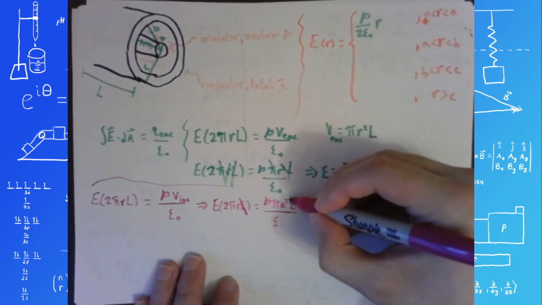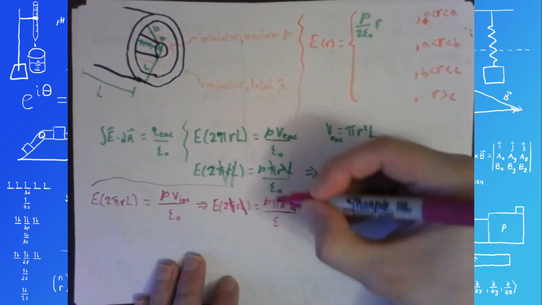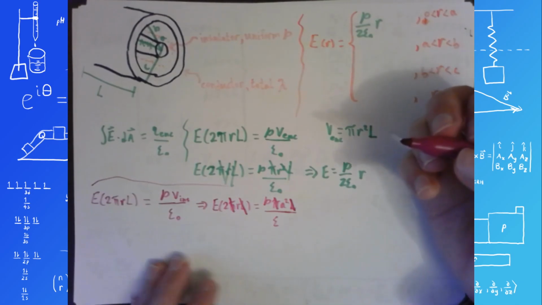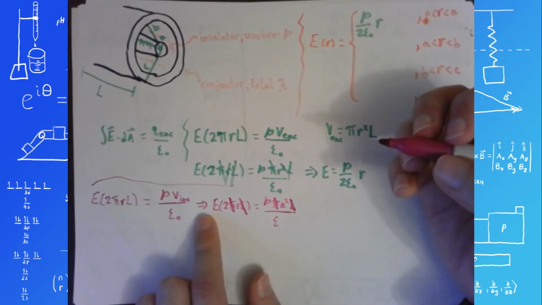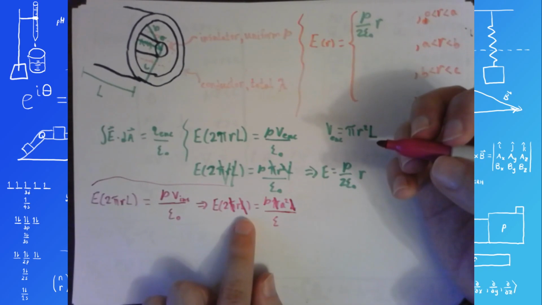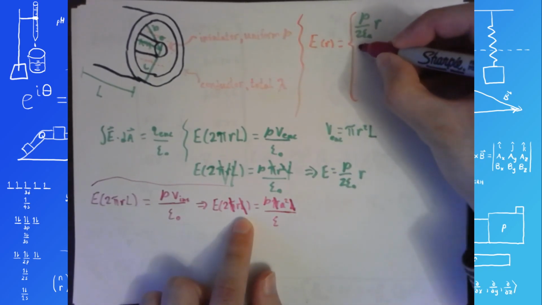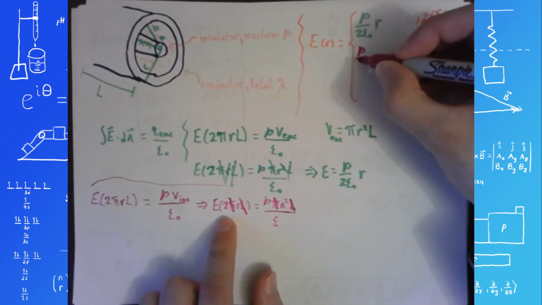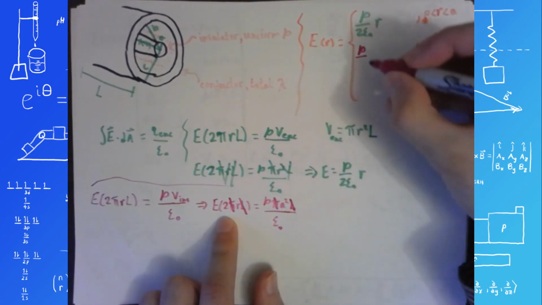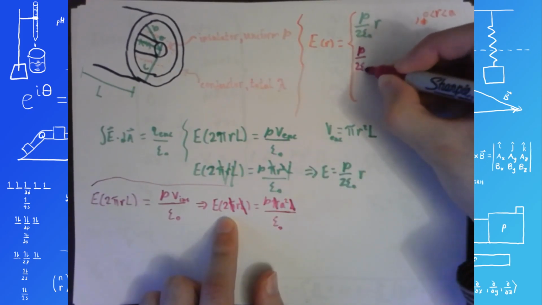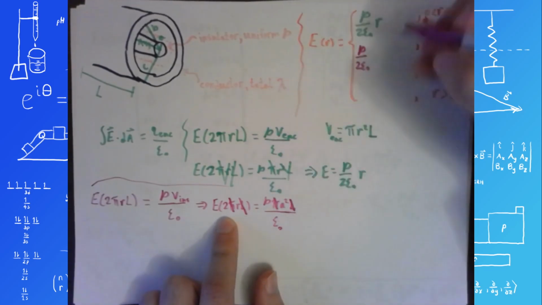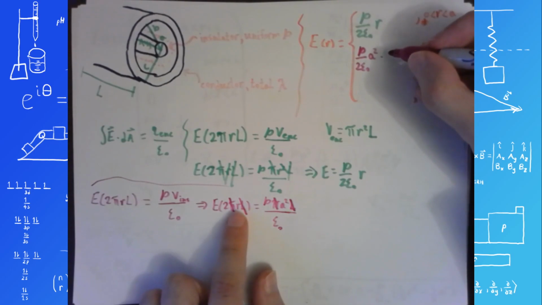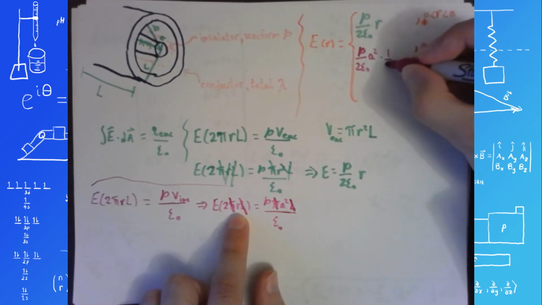The L's cancel, the pi's cancel, and I'm left with E equals, this time I divide by a 2 and an R, so I have rho over 2 epsilon naught, and then times the A squared, and then times 1 over R.